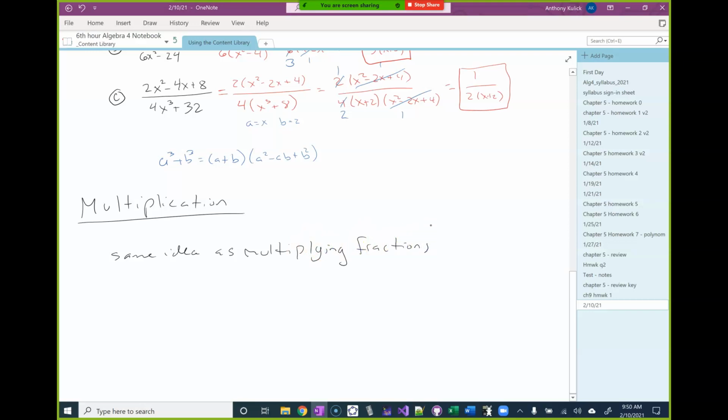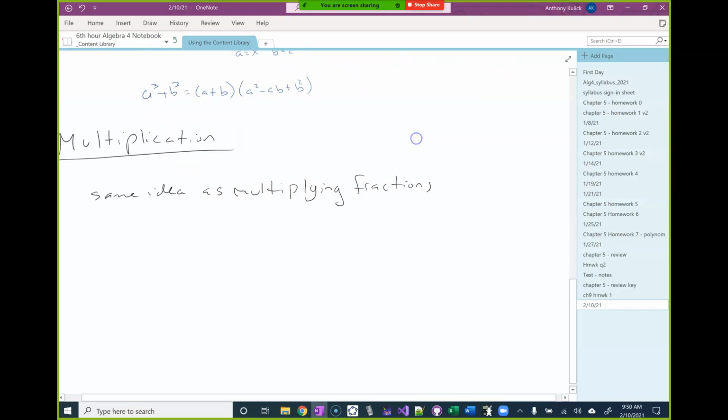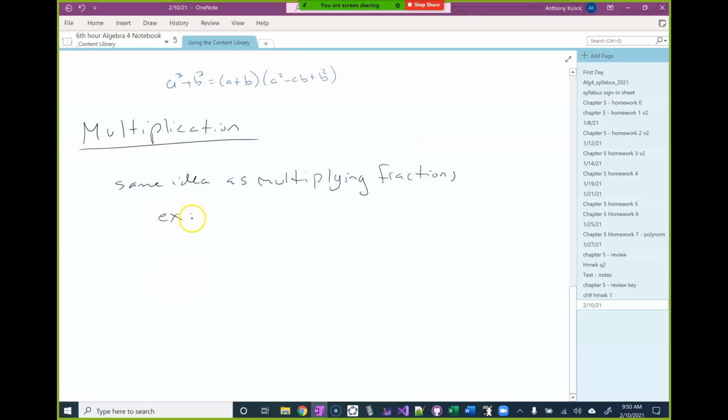So, multiplying rational expressions is going to be the same idea as multiplying fractions. So let's go back in time. Again, we'll get in our time machine, go back to late elementary or early middle school, and try to remember what this looked like.